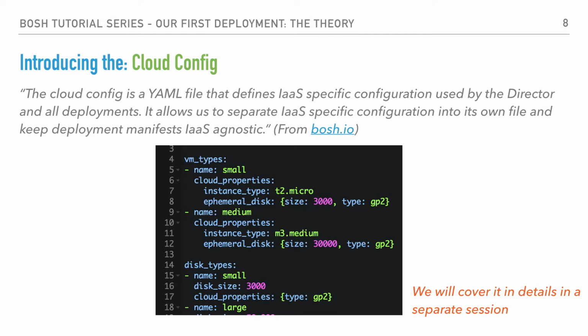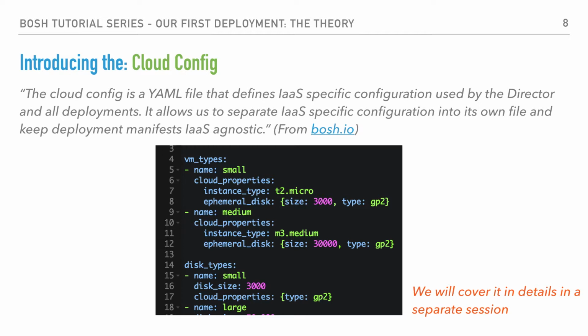As mentioned, a cloud config is nothing but a YAML file that we provide to the director somehow. That YAML file contains the IaaS specific configurations that we talked about. Some of them we talked about in the previous slide. So for example, as you can see here, let's say we have the VM types, and then we have the disk types.